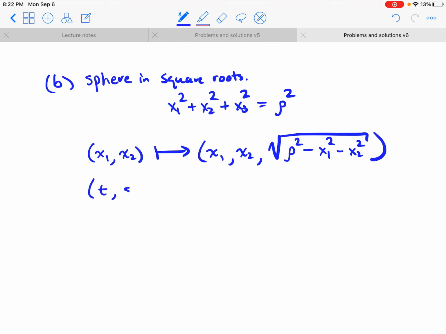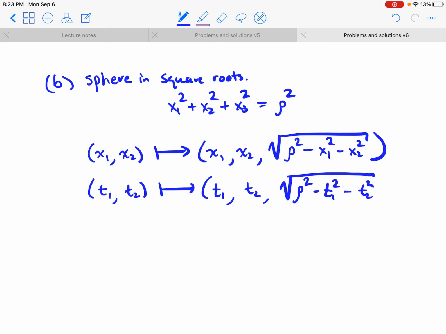And you see that, I could have called this t and s, or say t1, t2, and mapped it to t1, comma t2, comma the square root of rho squared minus t1 squared minus t2 squared. But all that would have been doing is just renaming these first two dimensions as t, and they're just equivalent.